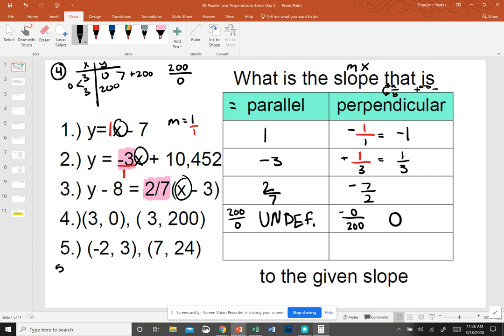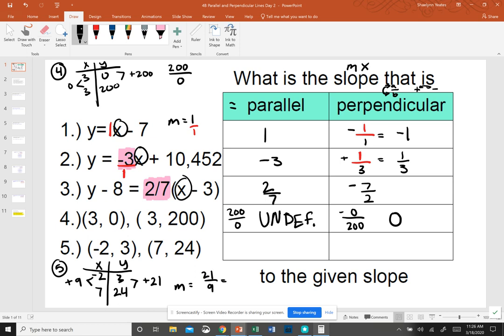On number 5, I'm going to go ahead and make the table down here. Here's my x's, here's my y's. So negative 2, 3, and 7, 24. If you notice, on my x's we go up 9, and on my y's I went up 21. So that means that my slope, now we always do y over x, so 21 over 9.